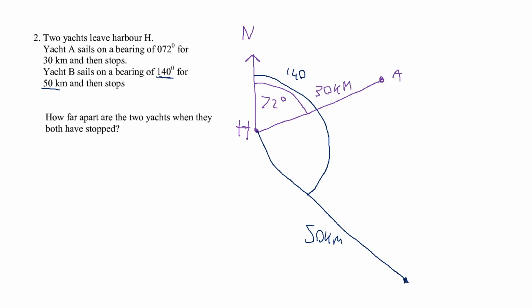And if this is B, what is that side here going to be? Well, first and foremost we're going to find out what this angle here is. So angle AHB is equal to 140 minus 72.